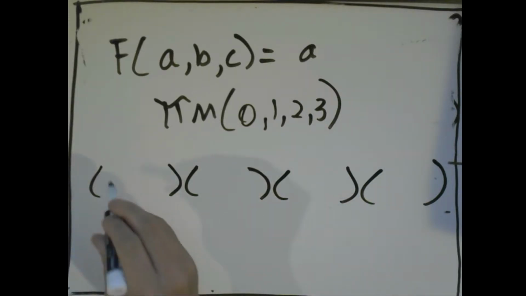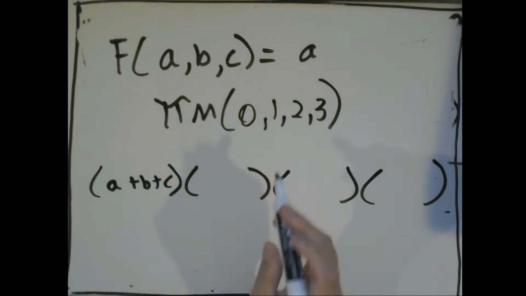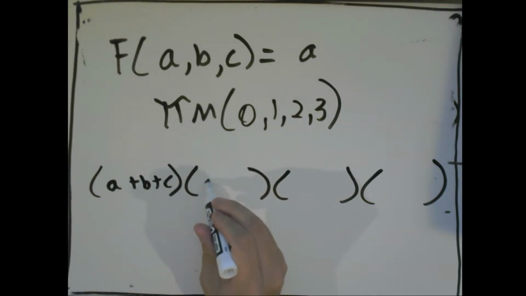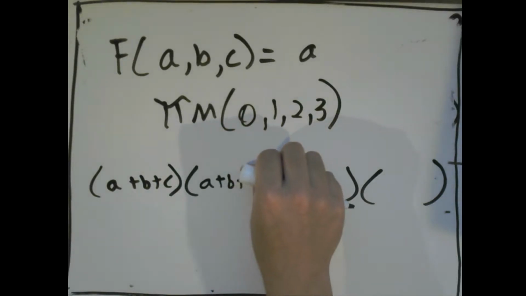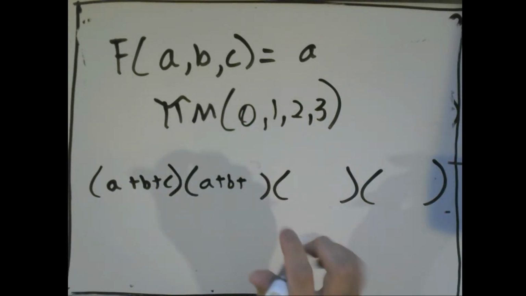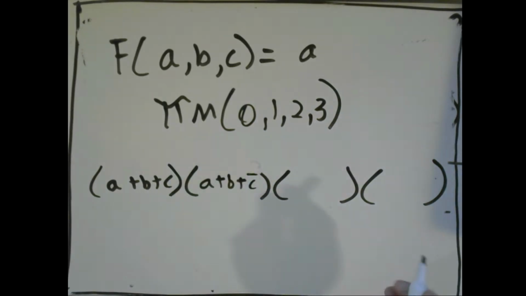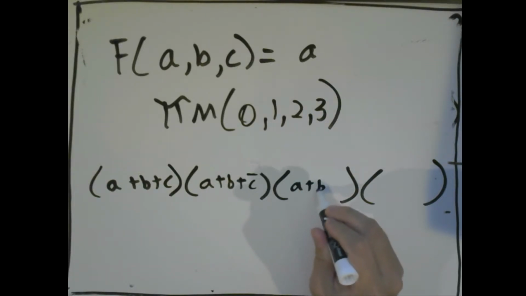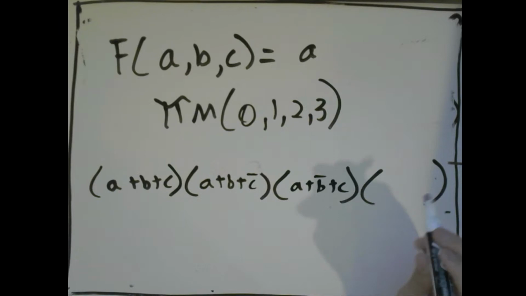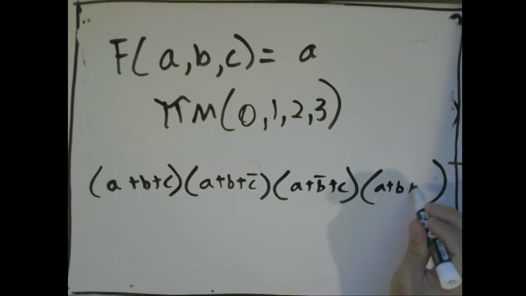For this one, it'd be A plus B plus C. This one would be A plus B plus C naught. This one would be A plus B naught plus C. And this one would be A plus B naught plus C naught.